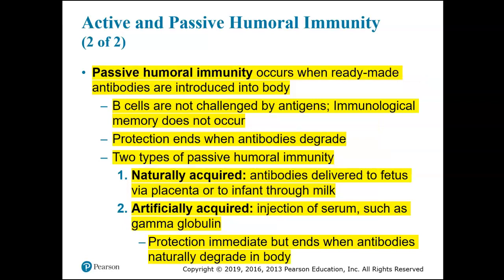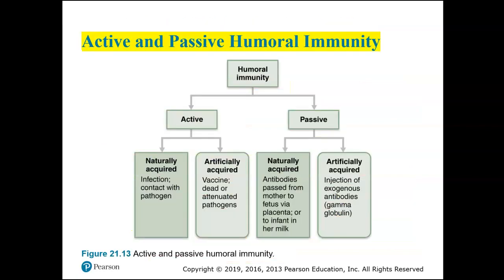Passive immunity is when you receive ready-made antibodies. This is passive. It means your immune system is not making its own. You receive ready-made antibodies. So you can get these naturally through the mother to the baby or through breast milk. Or you can get these artificially through an injection of antibodies, such as monoclonal antibody injections, like they gave some people who had COVID.